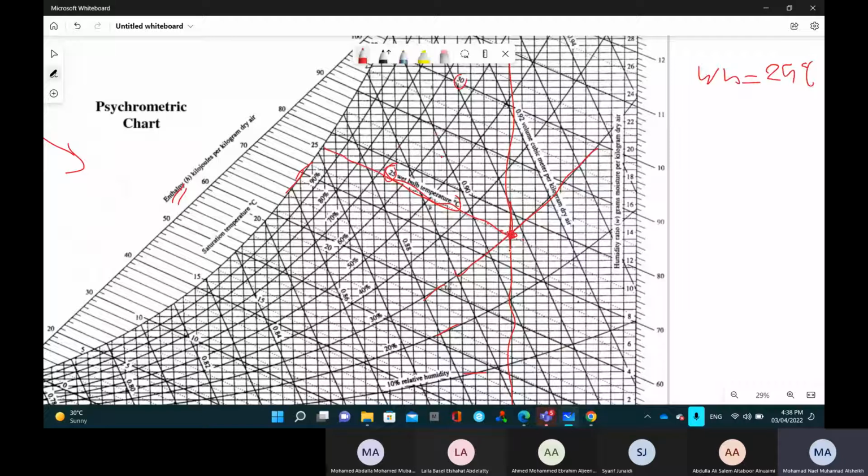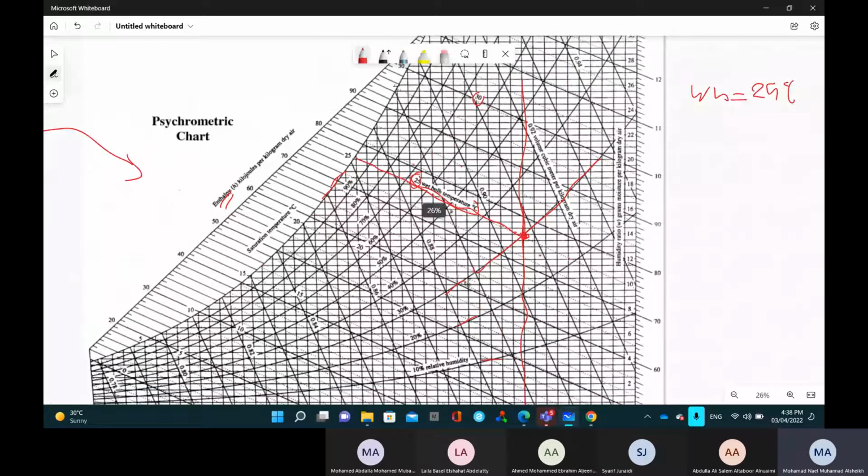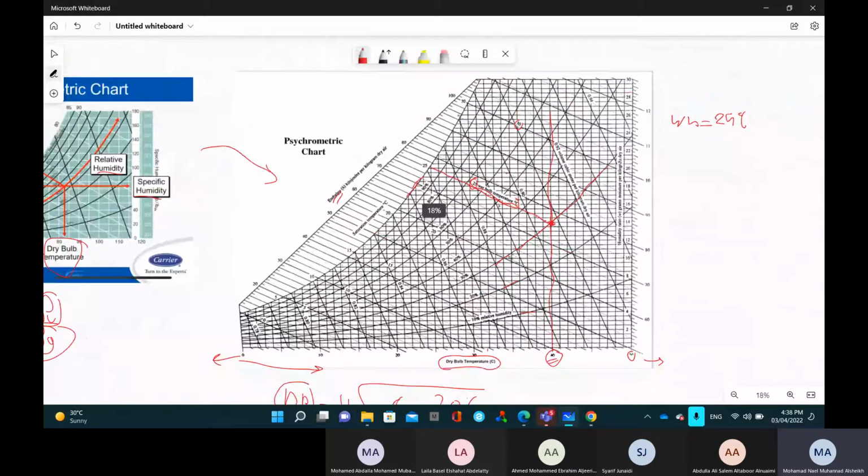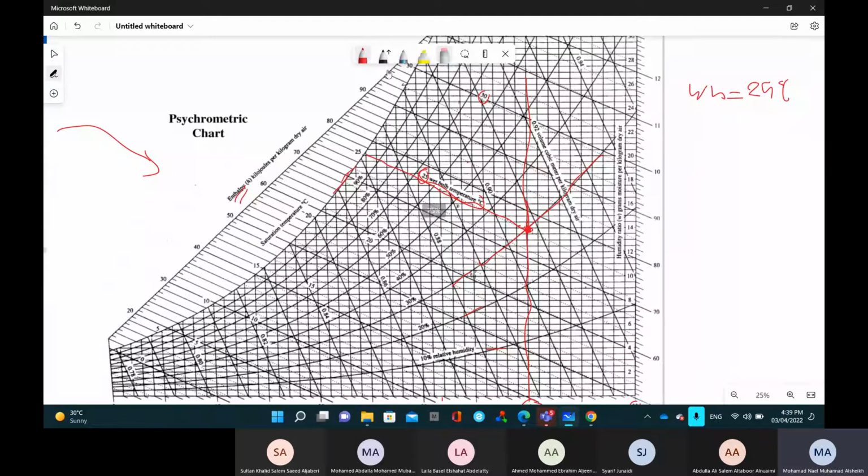Now the next property that we can get is the humidity ratio. To get that, we will go horizontally to this line here and see where we stop. But here we have to notice one thing, that it is written that the value we will get will be in grams of moisture per kilogram.